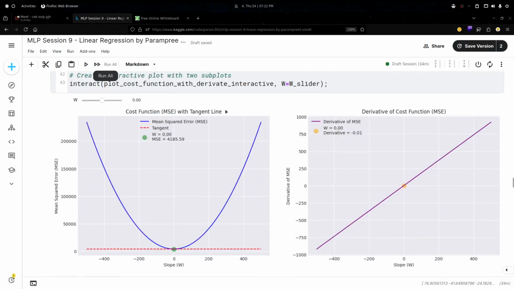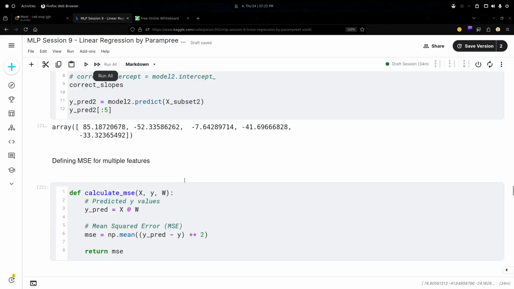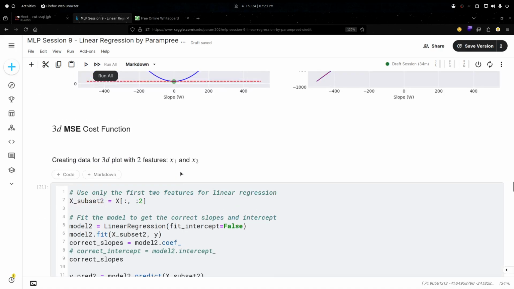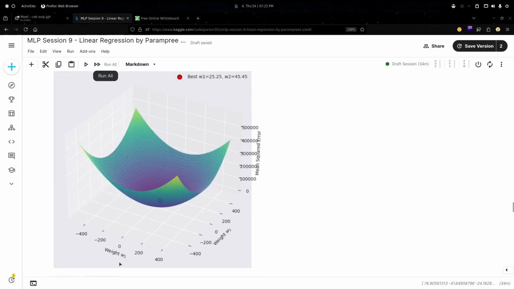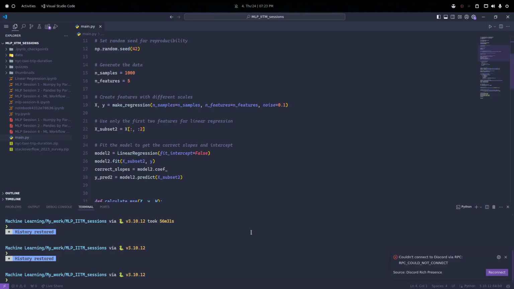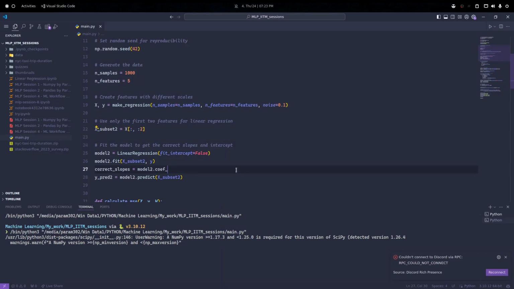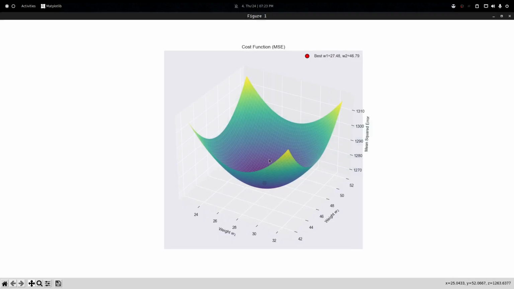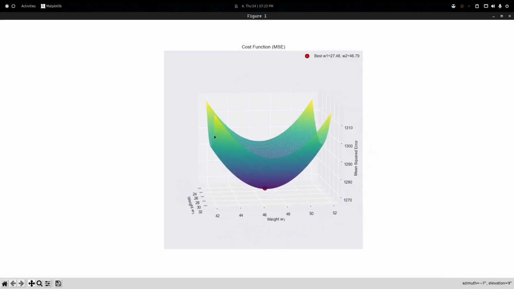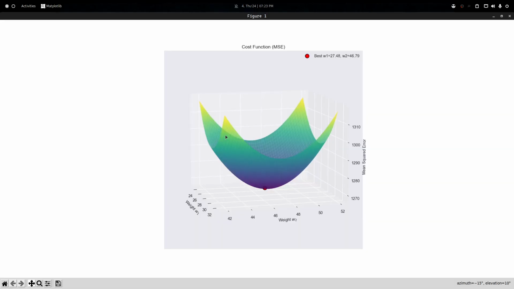It is the same as this, but that one is in 2D and is for only one variable, which is w, w1 we can say. This is for 2 variables, w1 and w2, and on the z-axis we have mean squared error. This is the same code, and if I run it, you can see this is the same graph which we have in the Kaggle notebook.